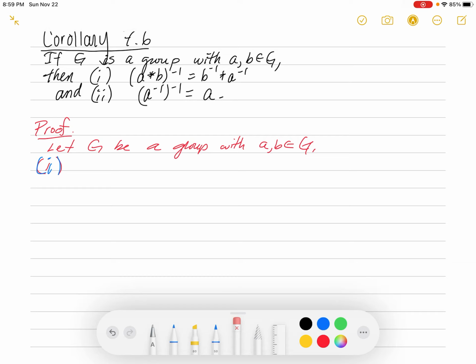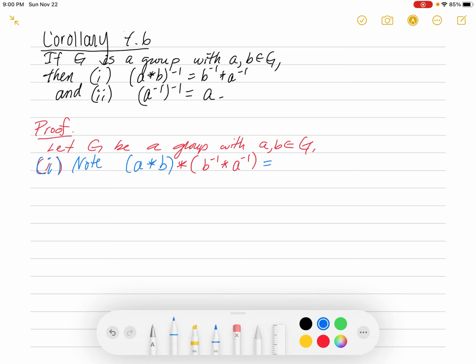Let's take A star B. So we're going to find a counterpart to it, something we can multiply it by to get the identity. I'm going to take AB and I'm going to star it by B inverse star A inverse.